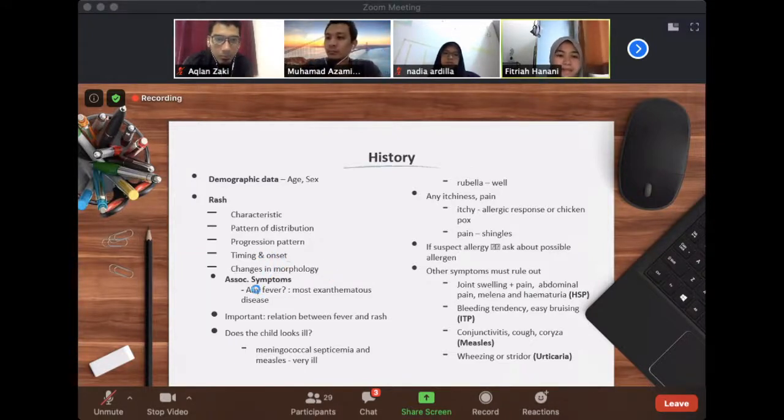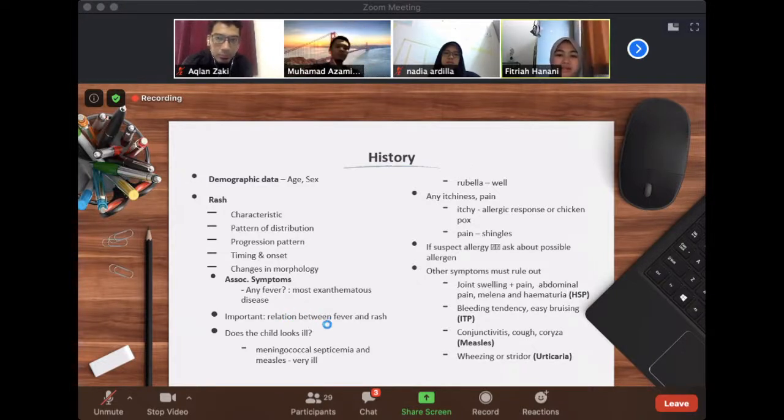Okay. So for associated symptoms, the most common is fever. The most common association with fever is a self-limiting disease, which is viral causes. We need to know the important relationship between the fever and the rash. We also need to ask if the child is ill or not.